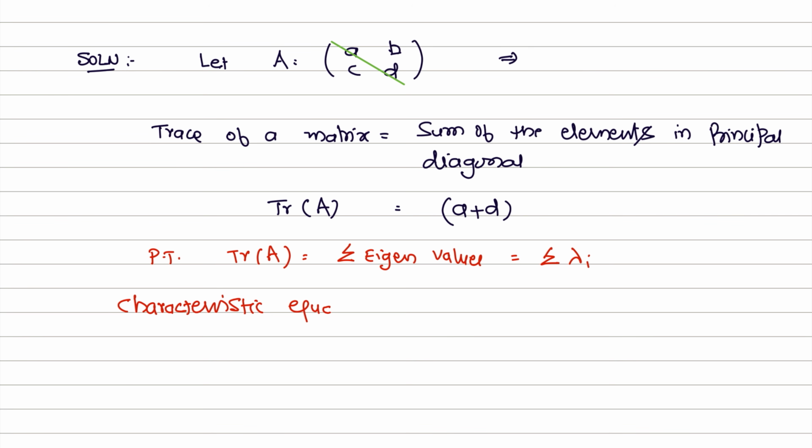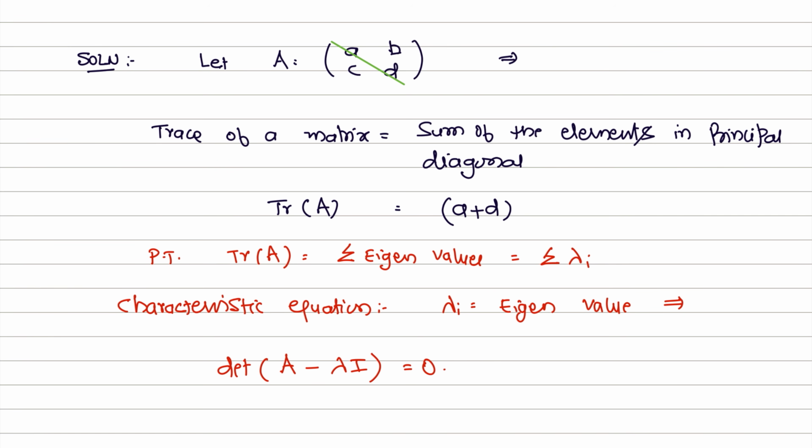We have to develop this equation, which says that, where lambda i is the eigenvalue, the determinant of A minus lambda I is equal to 0.